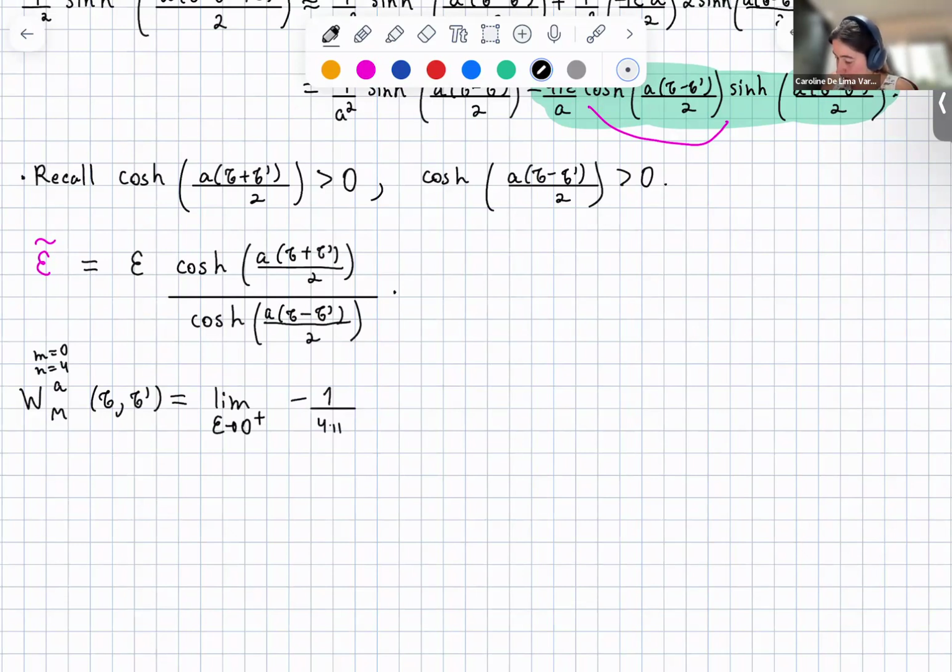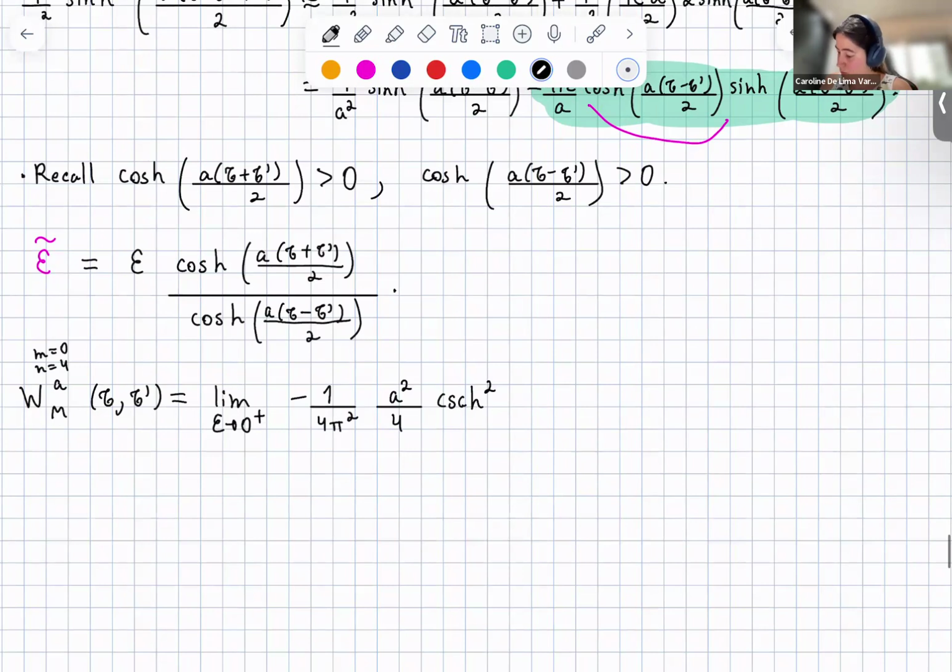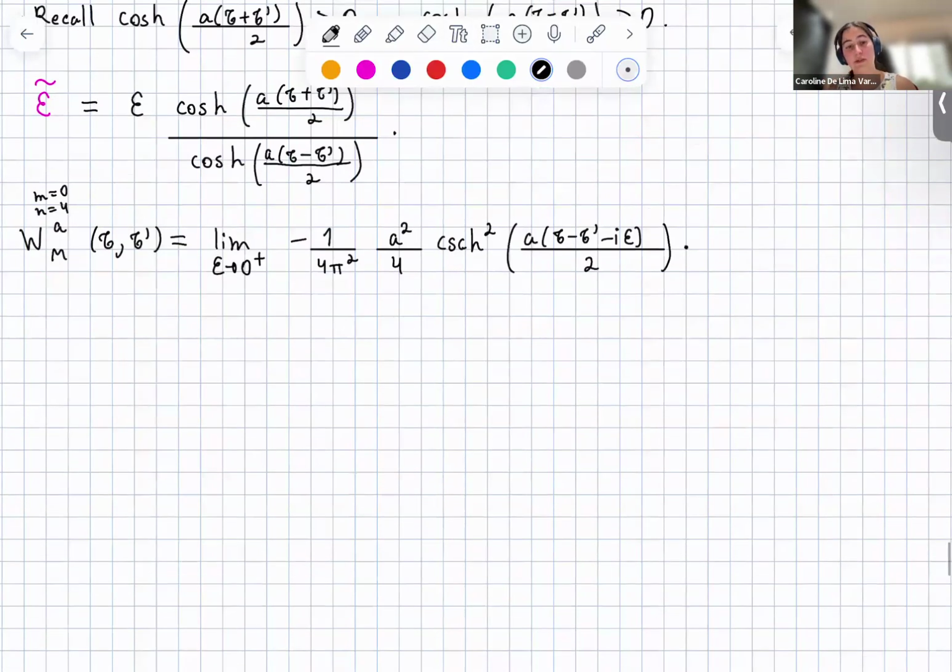Of minus 1 over 4 pi squared times a squared over 4 cosh squared of a times (tau minus tau prime minus i epsilon) over 2. Okay, so this is going to be the Wightman function for the accelerated detector in the Minkowski vacuum.